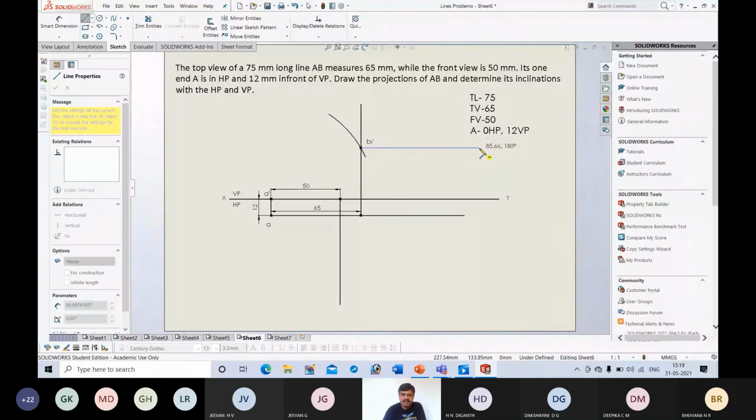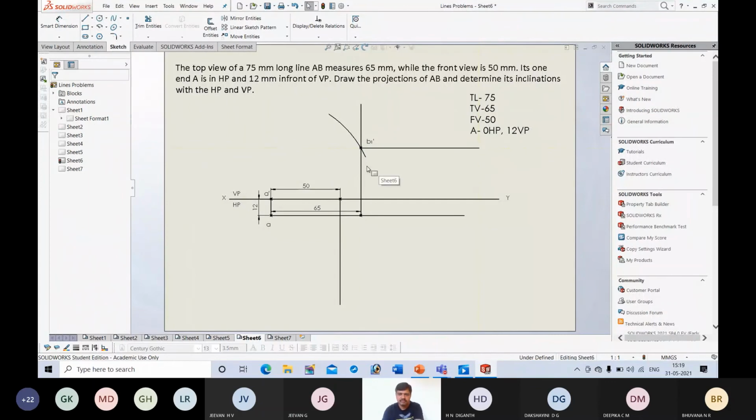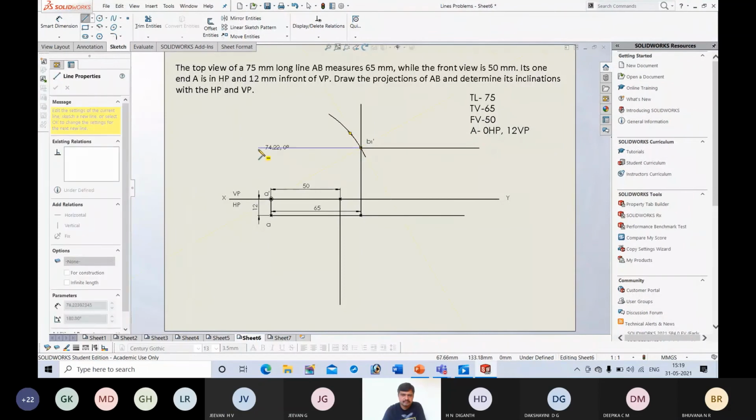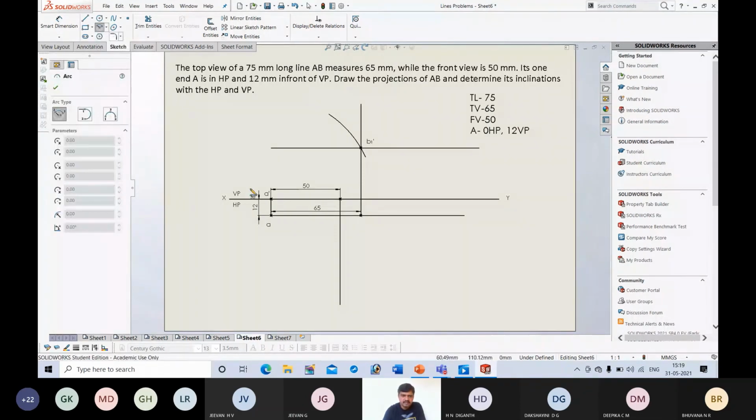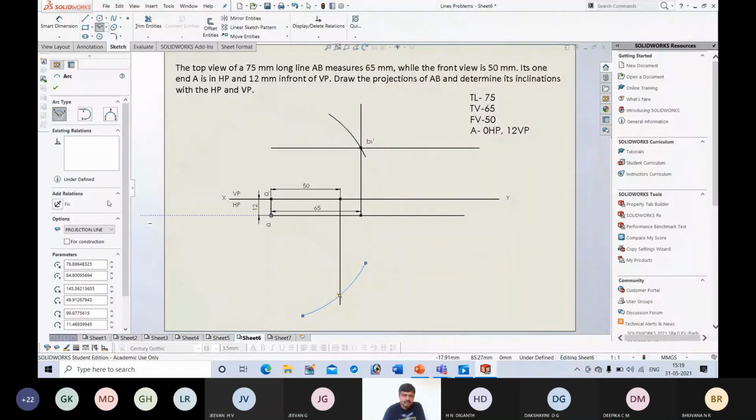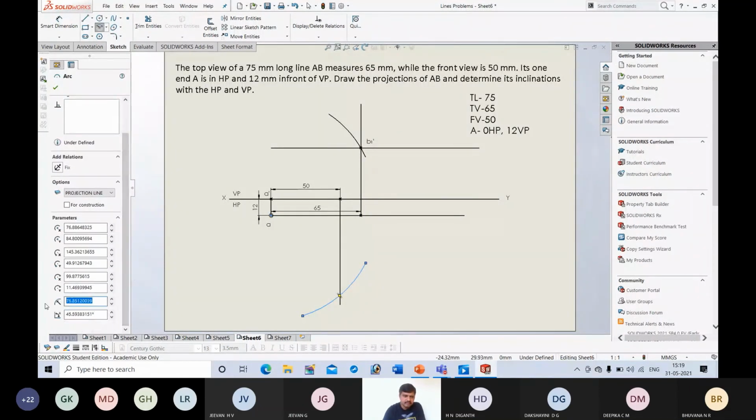Okay, after getting A dash, B dash, this type of points, immediately you should draw locus. Next, same procedure I will follow here. So again, B2, A, B2. Okay, so that is another point of true length line. So again, I will consider A as center. Again, same 75 as radius. So I will draw an arc.